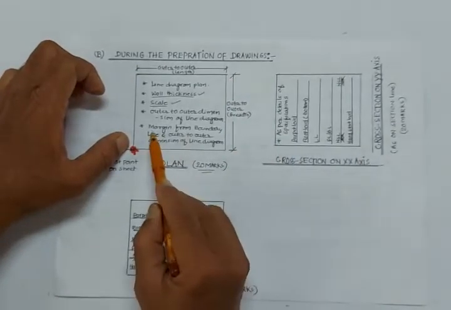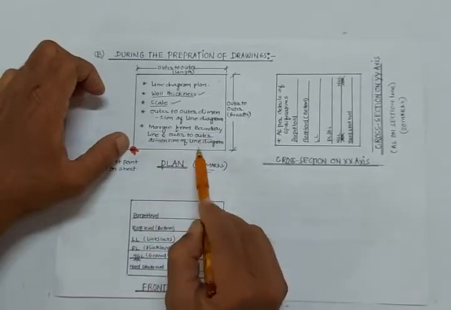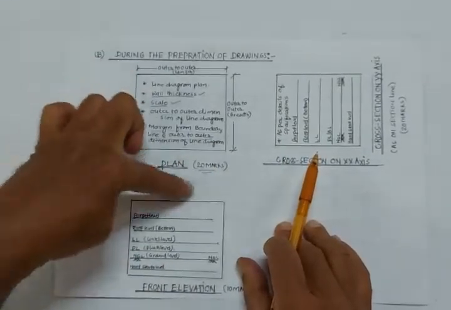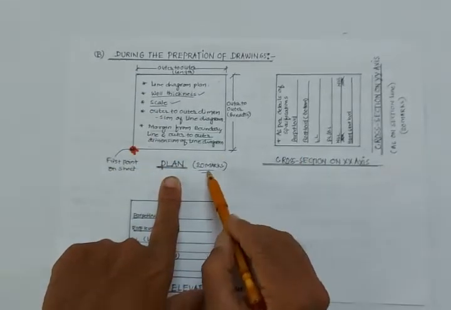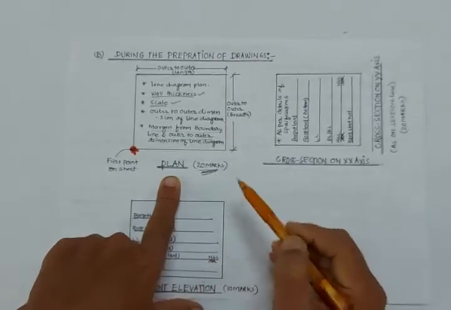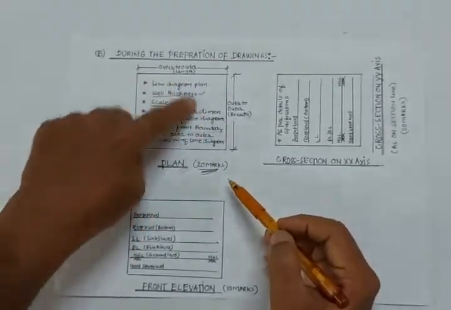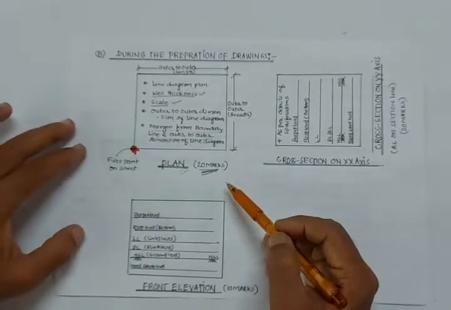Afterwards, there is the margin from the boundary lines and the outer to outer dimension of the line diagram. These are the points you have to consider when taking the plan of a residential building or any type of building. In the question paper, 20 marks are given for the preparation of plans, so you have to remember these points while taking the plan of a residential building or public buildings.